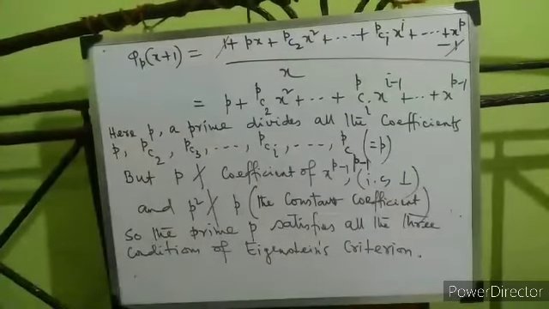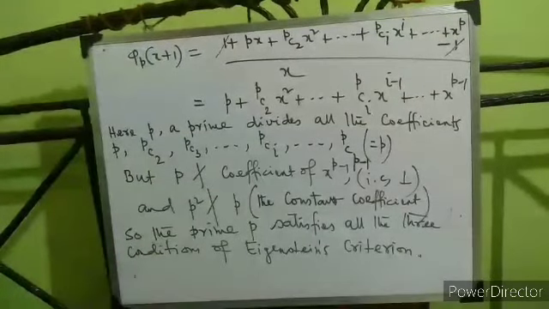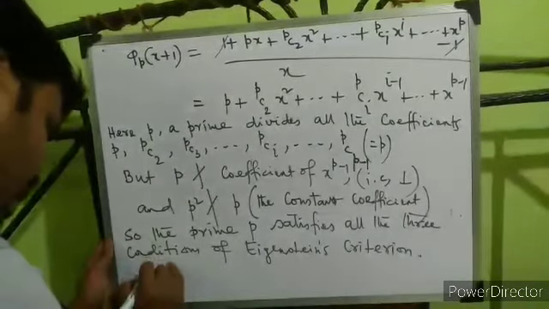Hence, phi p of x plus 1 is irreducible over Z[x].